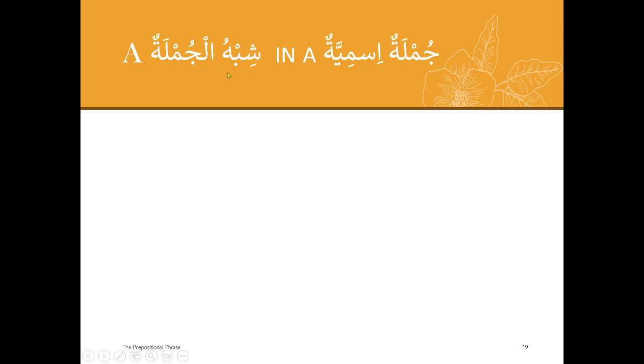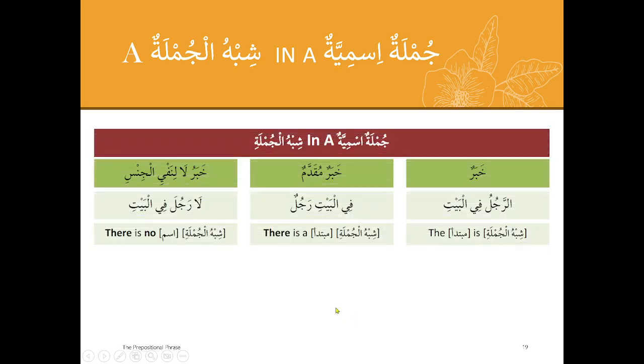So let's look at a Shibh Jumlah in a Jumlah Ismiyyah. Remember we said it can behave like a Khabar. And we know there are different types of Khabar. We have the normal Khabar.